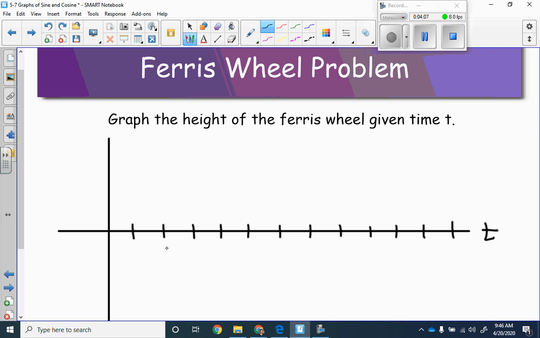So 7.5 minutes, 15 minutes, and I'm just going to go by increments of 15 here, and see if you can come up with a graph that shows its height over a given amount of time. So go ahead and pause the video, see if you can come up with this graph.